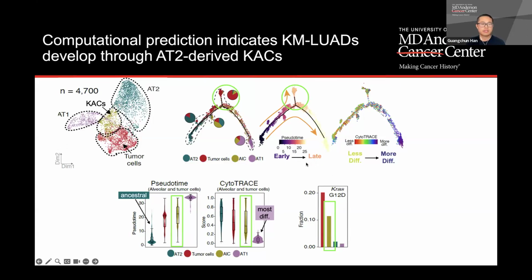And by taking a deeper look at the pseudotime as well, pseudotime is the metric that we derive from the trajectory analysis. It shows us a predicted time order regarding cell development.